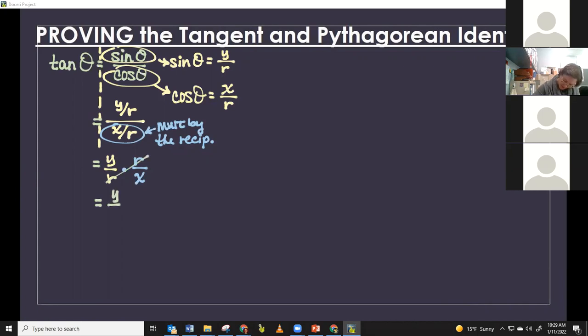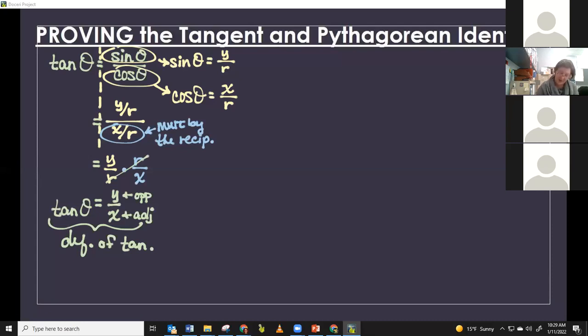We get Y over X, which would be the same thing as my opposite side over my adjacent side. That is the definition of tangent. So that is why tangent is sine over cosine.